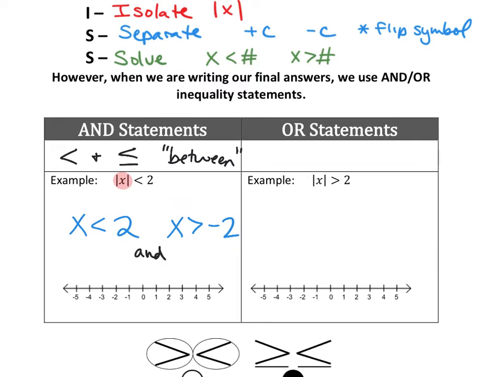I would put the word and in between these two things. x less than 2 and x greater than negative 2. But what that looks like on a number line is I have the symbols for negative 2 and 2, and all of these numbers in between them on this number line are actually what my solutions are. I can pluck out any number in that number line and it would work.